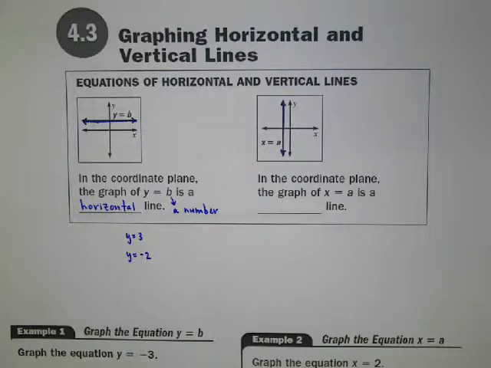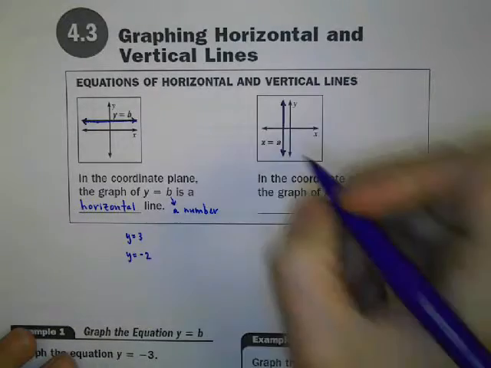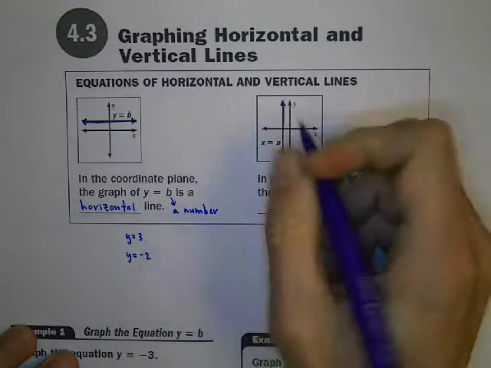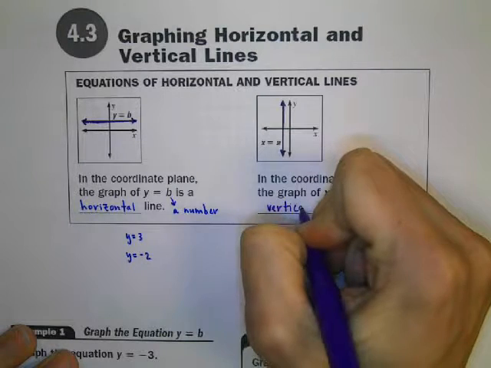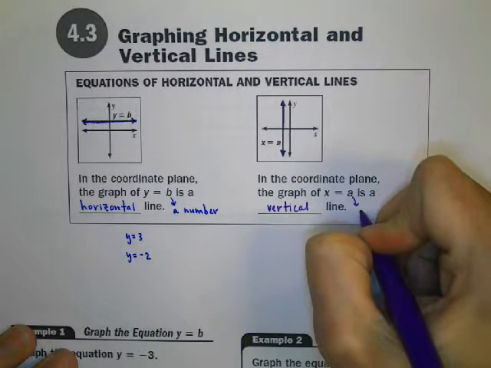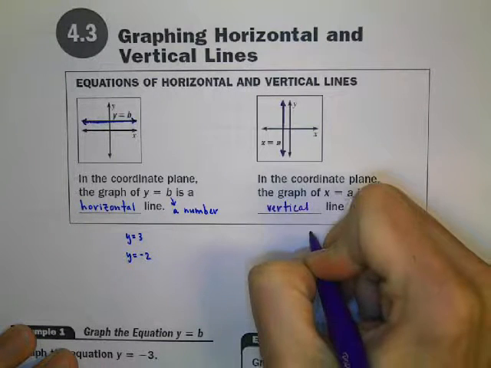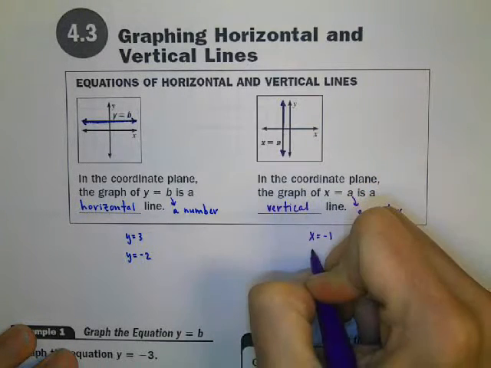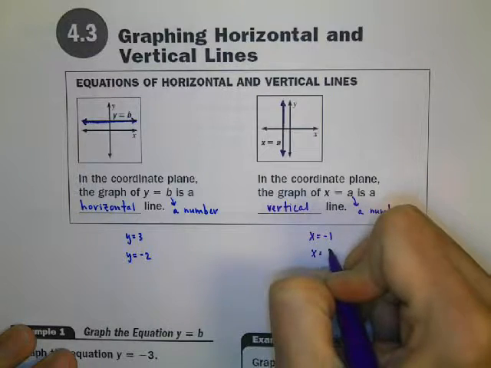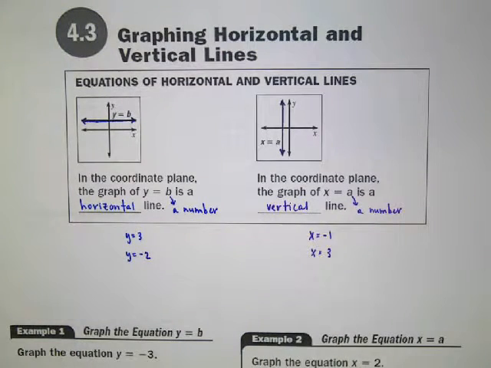So now in the coordinate plane, the graph of x equals a is a vertical line. And again, a is just a number. So we could have x equals -1 or x equals 3. Those are the equations of our vertical lines.